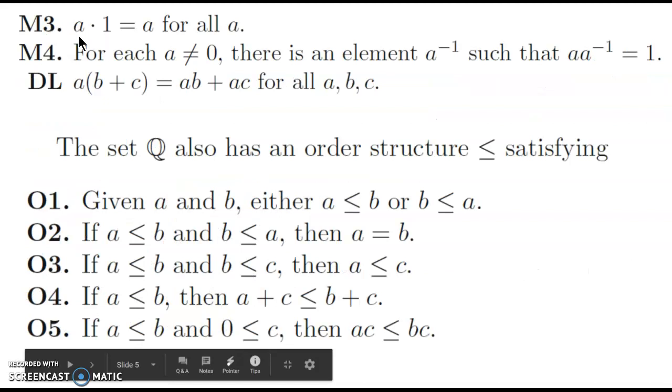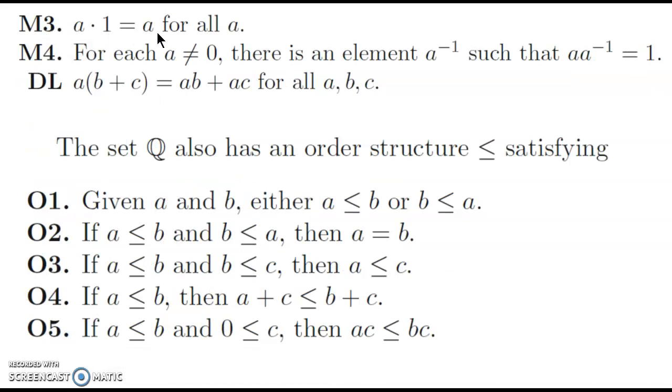Now another multiplication property, a into 1 is equal to a for all a. The number 1 is known to be the multiplicative identity. The fourth multiplicative property, for each a non-zero, a may be positive or negative, there is an element, namely a inverse, or you can say 1 by a, such that a into a inverse is equal to 1.